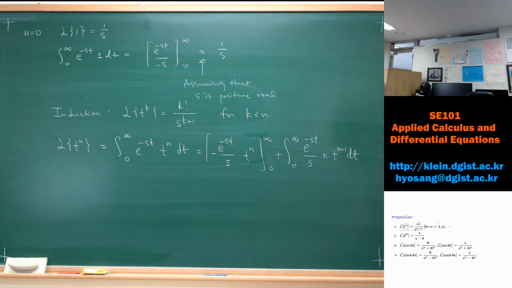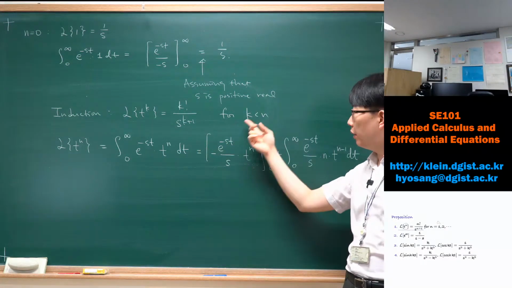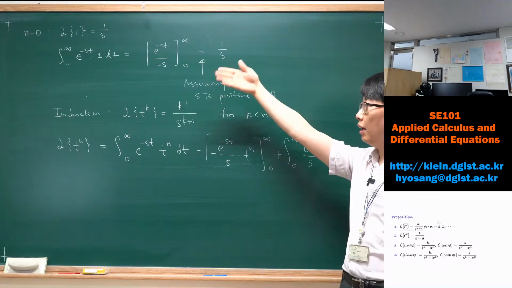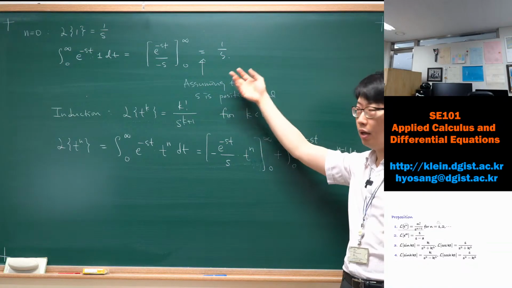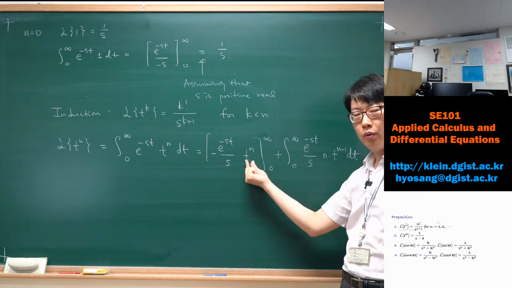Here n is bigger than or equal to 1, because I already showed that the n equals 0 case is okay.